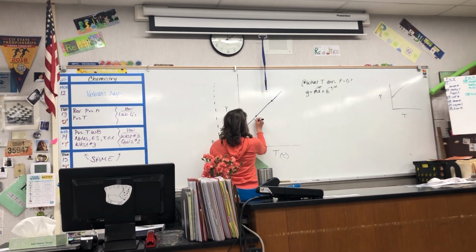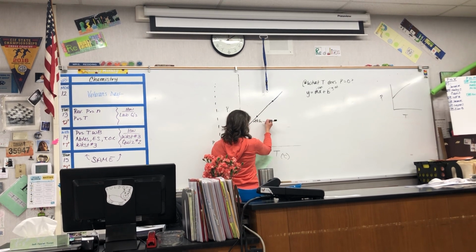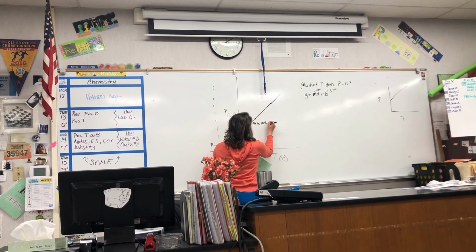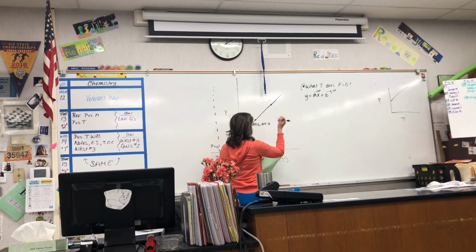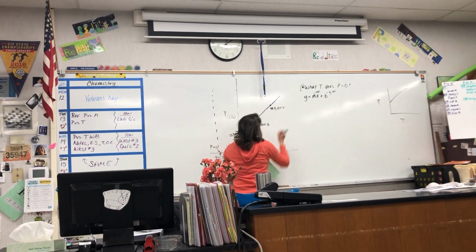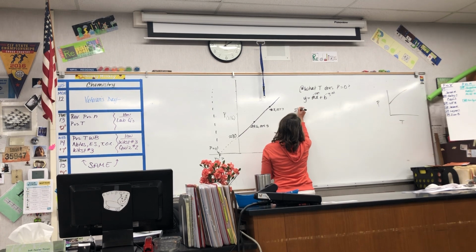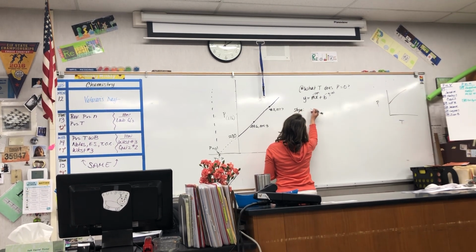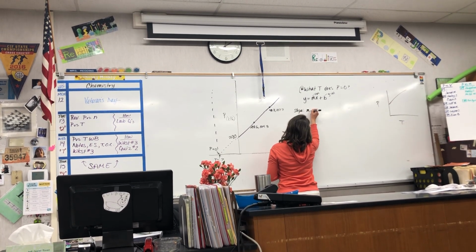This point is 29.6 and 104.3, and this is 40.8 and 107.7. So slope. Remember, slope is rise over run.